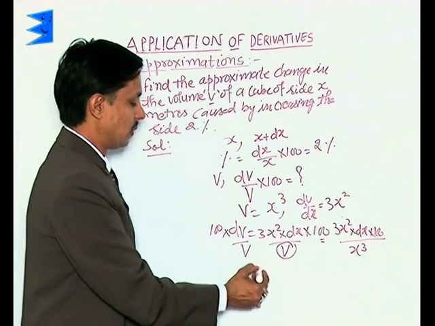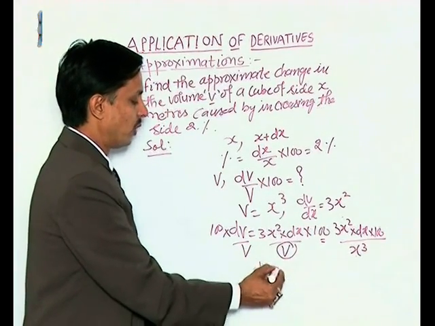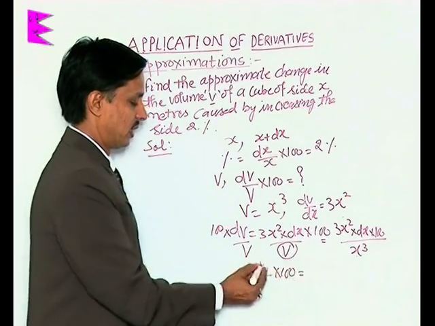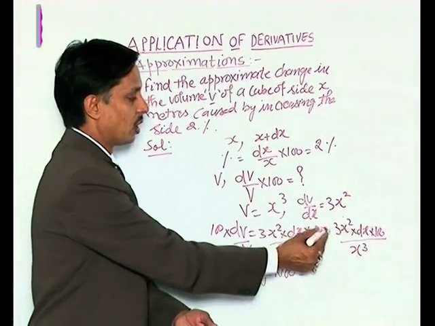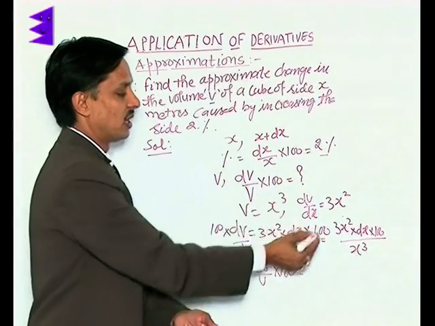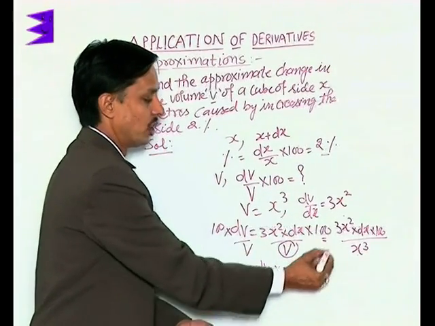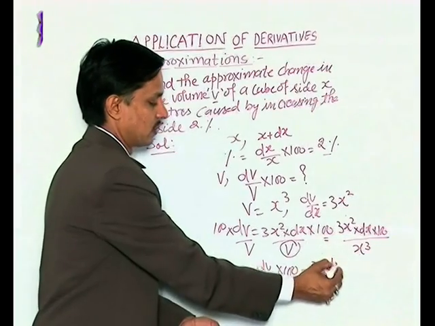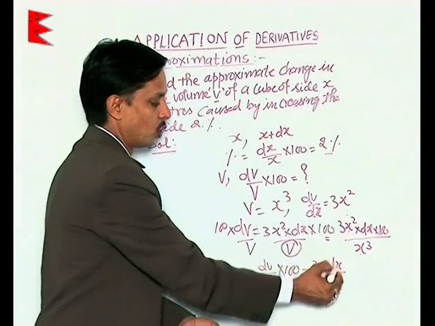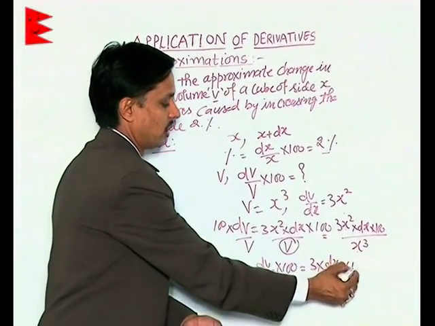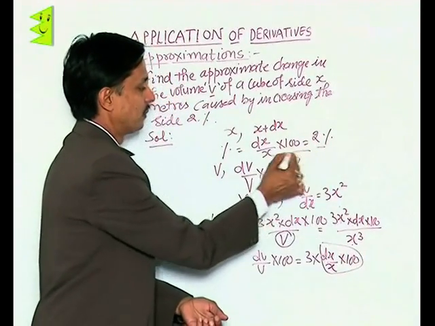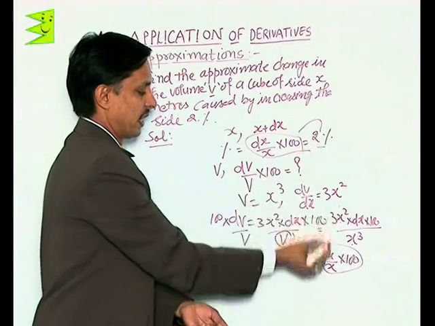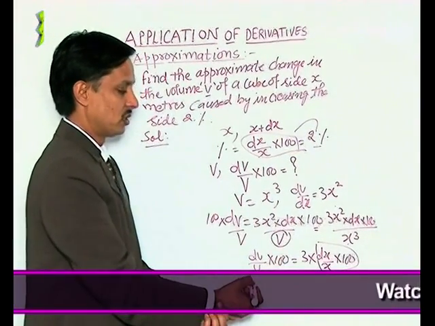So, this dV upon V into 100, that is the percentage change in the volume of the cube caused by a 2% change in the edge, will come like this: 3 dx, because x square and x cube will leave x, into 100. This is dx upon x into 100, which is 2%, so we will put 2 here.